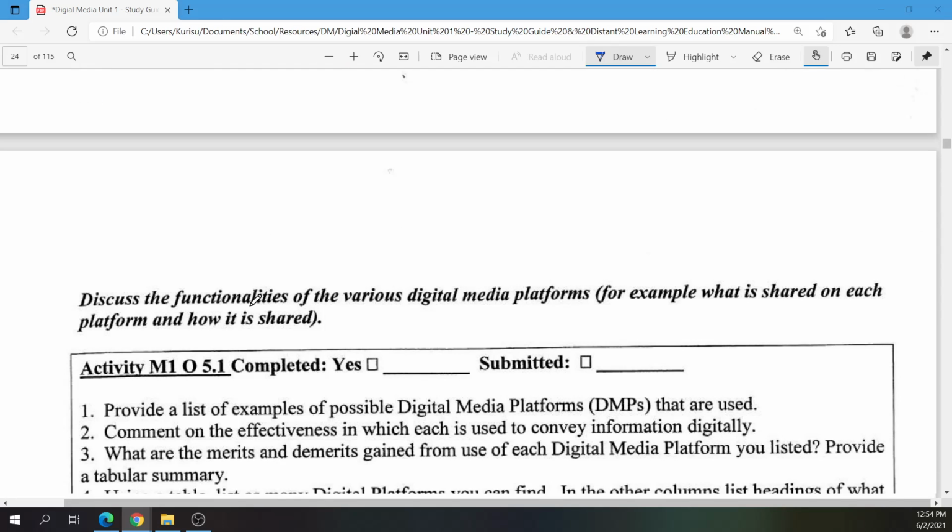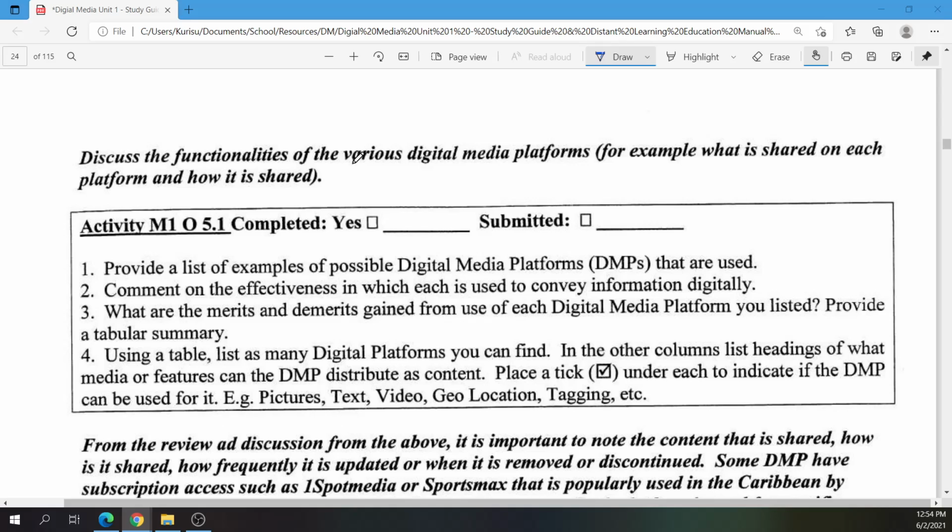So discuss the functionality of the various digital media platforms. For example, what is shared on each platform and how it is shared. So for example, you guys mentioned YouTube. What is shared on YouTube and how is it shared?